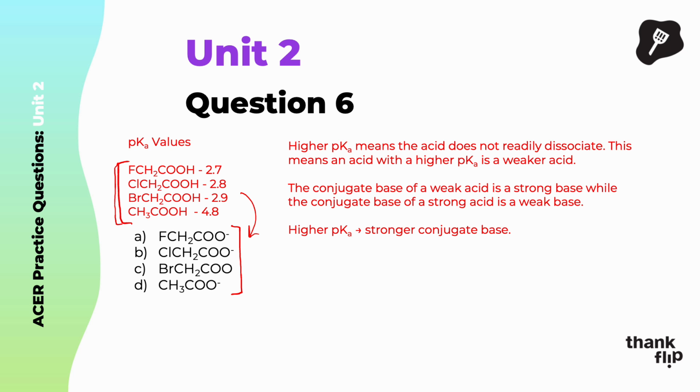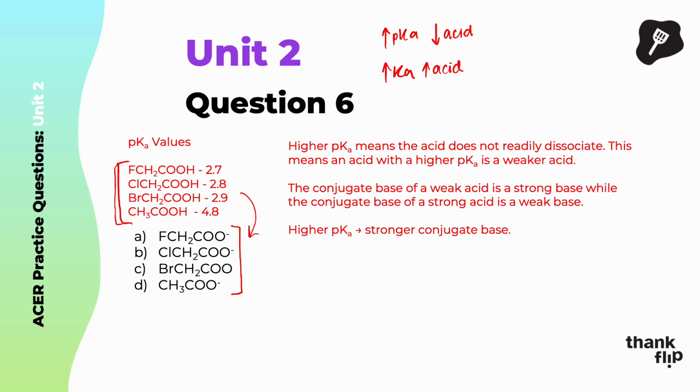So a higher pKa means that the acid doesn't readily dissociate, which means that the acid is weaker. Okay, so Ka is the dissociation constant of an acid, and the higher Ka is, the stronger an acid is, because the stronger the acid, the more readily it will dissociate into its ions.